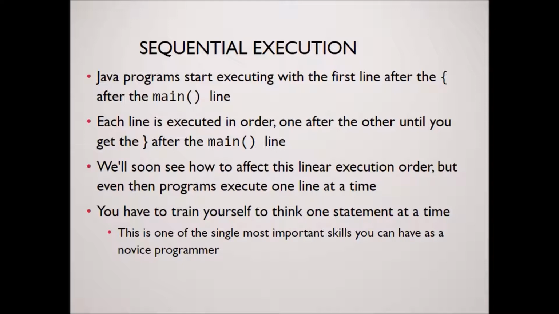So a single line followed by a semicolon is called a statement, and a collection of these single lines, actually they can be spread across multiple lines, but don't worry about it right now. A collection of these multiple statements is called a block of code, and if the block of code is being used as a method, then it's called a method, right? There are other blocks of codes. We'll see those later.